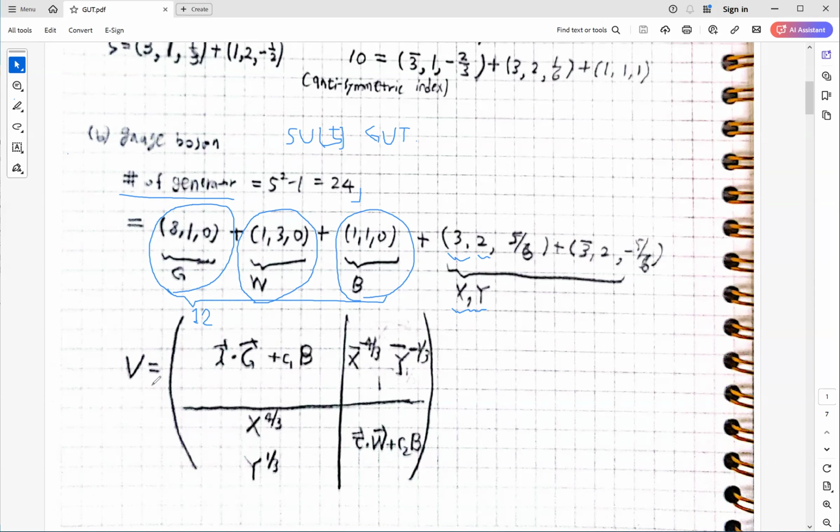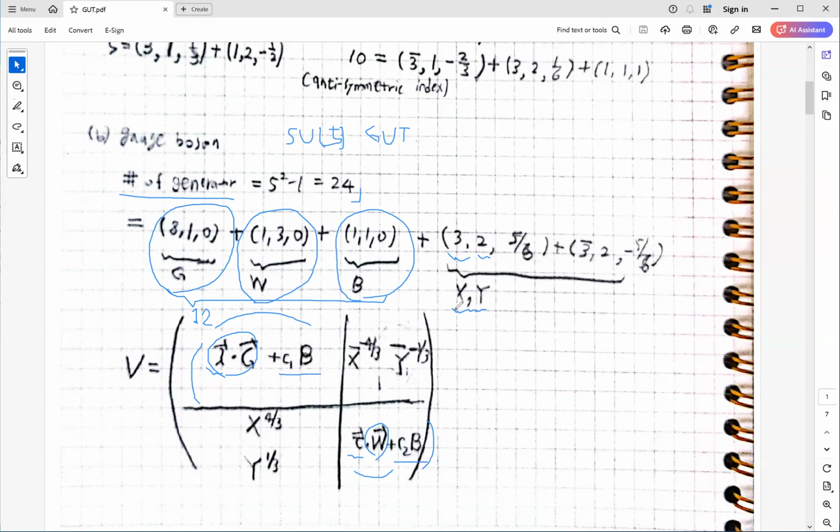So in the 5 by 5 matrix, the gauge bosons are represented like that. In the 3 by 3 block, there are the gluons contracted with the Gell-Mann matrices. And in the 2 by 2 block, the weak gauge bosons are contracted with the Pauli matrices. And the B boson is located in the diagonal terms with specific coefficients.